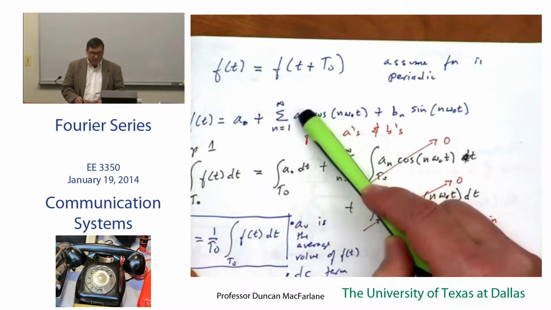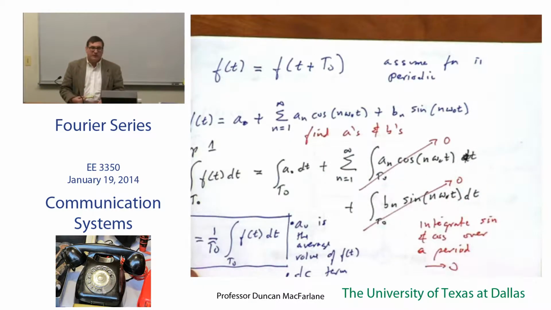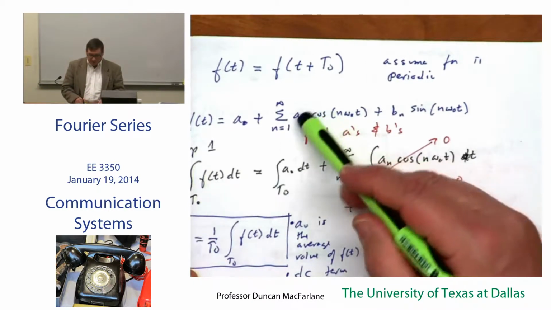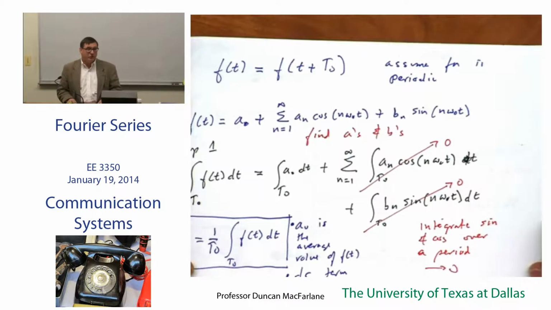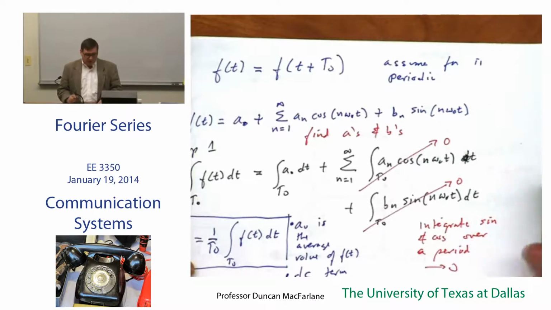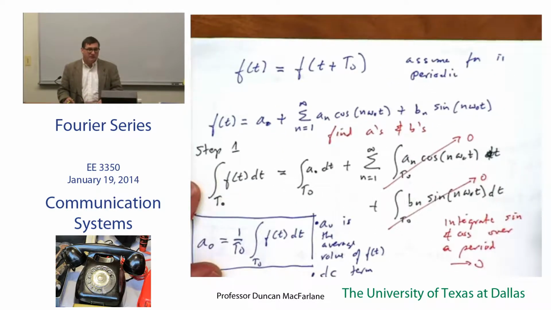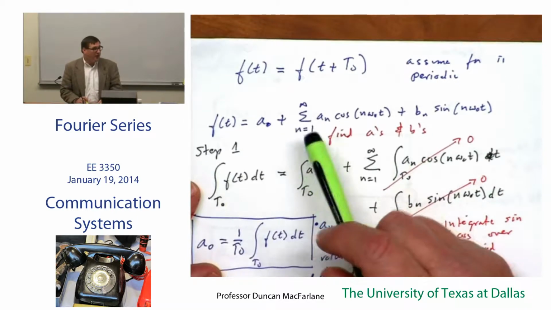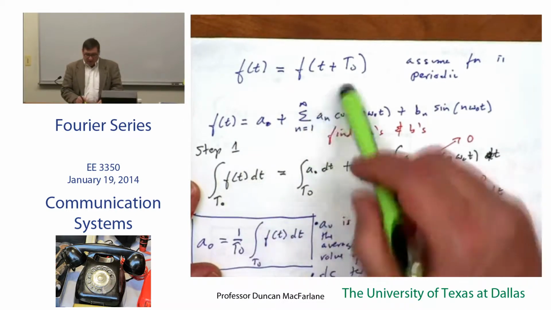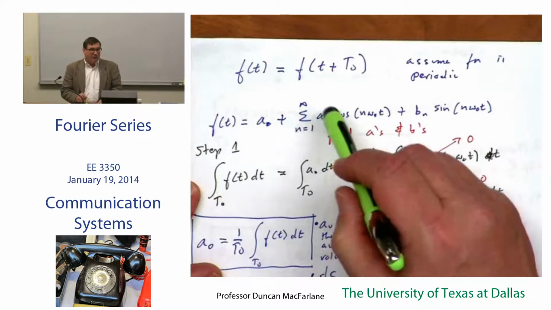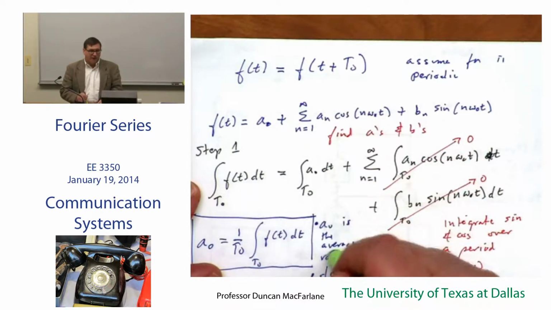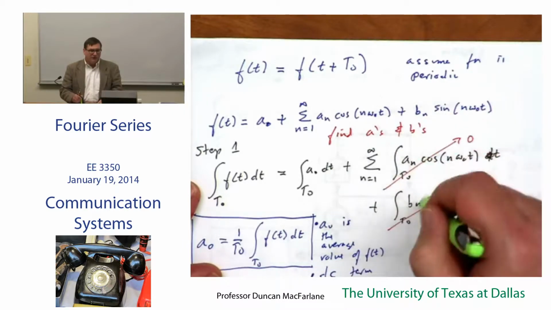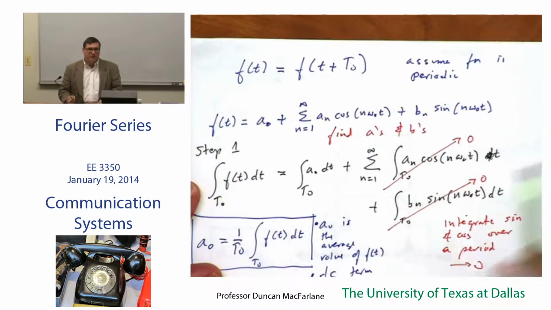These indices, and I can talk about this now that we've done an example or two, actually give you another graphical representation or table representation. You can draw your function in the continuous time domain, or you could have a table where you have A's and B's and what the value is for A0, A1, A2, A3, A4, B1, B2, B3, B4, and so on.